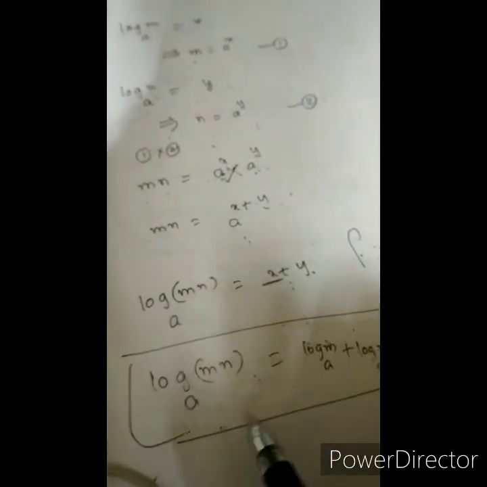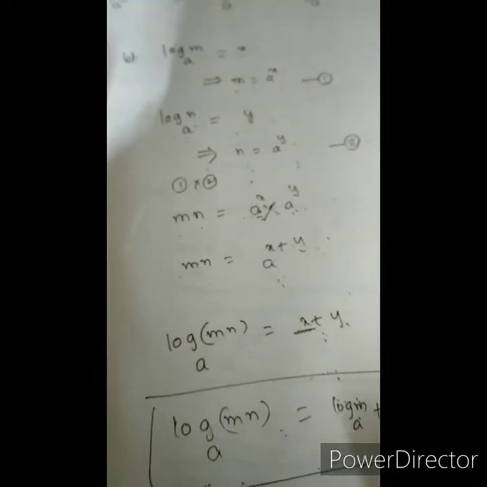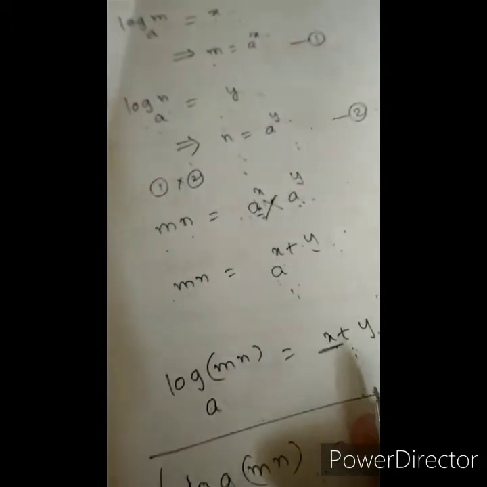Therefore log mn to the base a is equal to log m to the base a plus log n to the base a. Hence proved. Similarly we can prove the remaining ones also: log m by n is equal to log m minus log n, and log m power n to the base a is equal to n into log m to the base a.